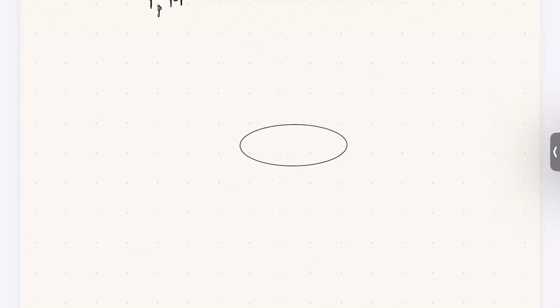Okay, so if I consider a tangent space at a point of this circle, then the tangent space will be like what?